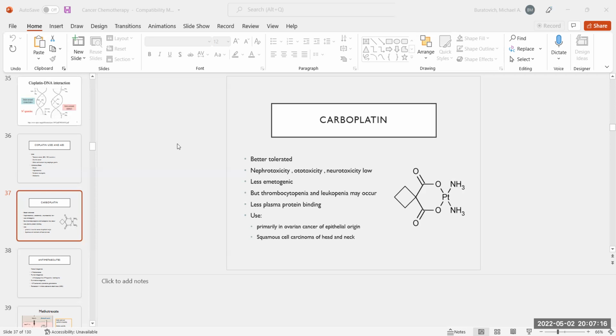Okay, let's take a look at drugs that inhibit microtubules. Microtubules are part of the cytoskeleton. They consist of a polymer of a dimer called alpha and beta tubulin.